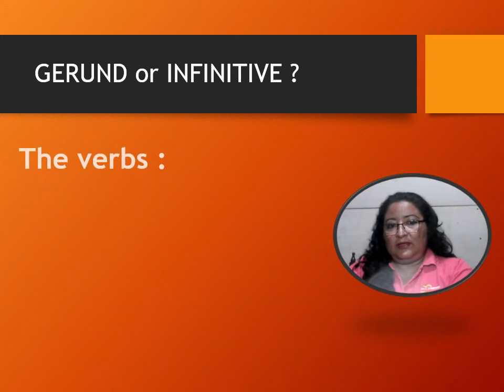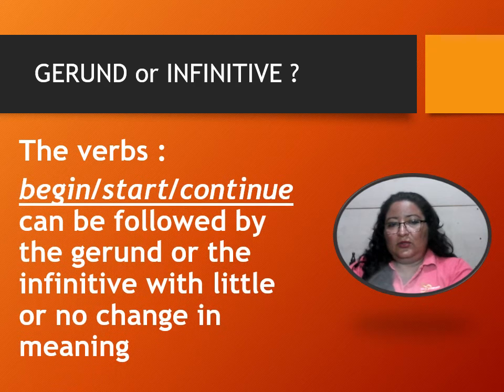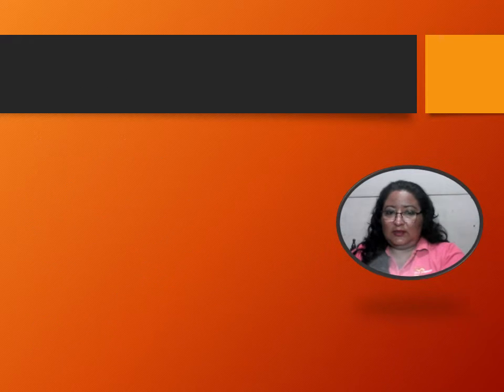There are some verbs, in this case begin, start, and continue, that can be followed by gerund or the infinitive with little or no change in the meaning, as I told you before. And here we can see different examples.